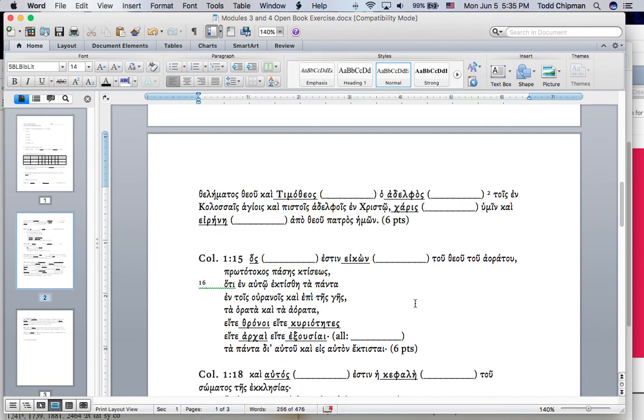Notice here we have this series of four nominatives following eite: eite thronoi, eite kyriotētes, eite archai, eite exousiai. And these all follow ta aorata, the invisible things.